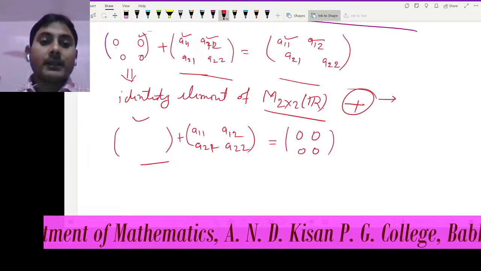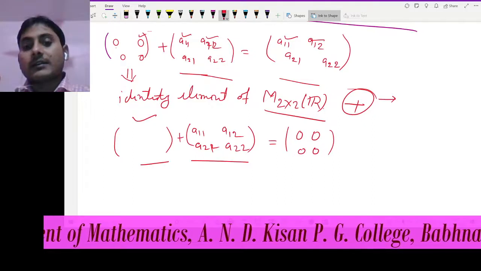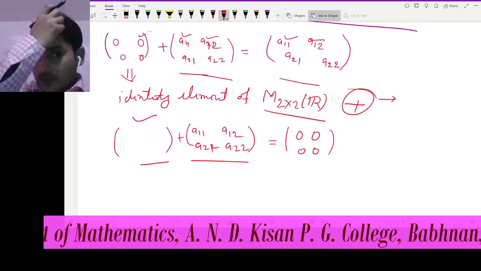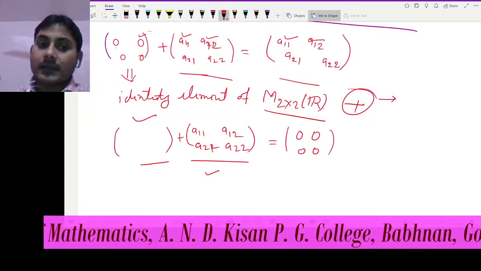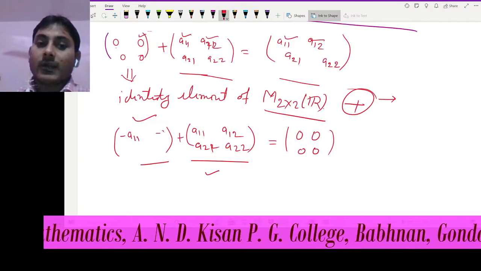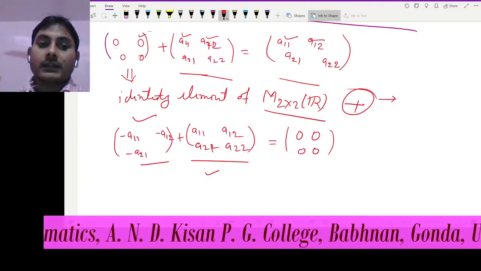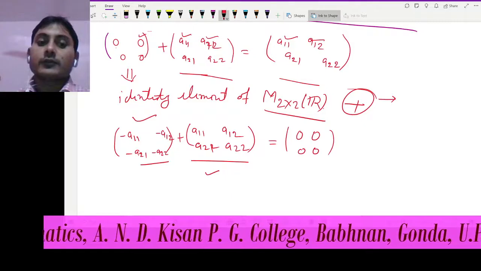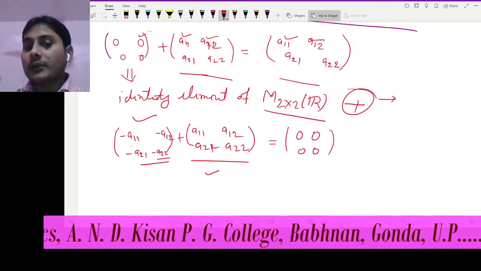Can you give me such a matrix? Corresponding to this matrix, you can have minus A11, minus A12, minus A21 and minus A22, and if you add these you will get 0.